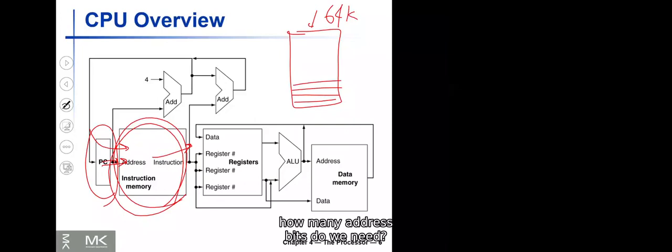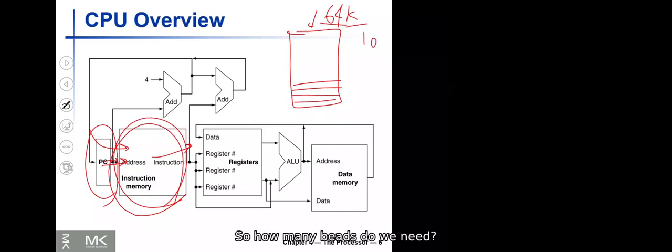How many address bits do we need? 2 to the something should be 64K. K is 1024, which is 10 bits. 64 is 2 to the 6. 2 to the 5 is 32, 2 to the 4 is 16.